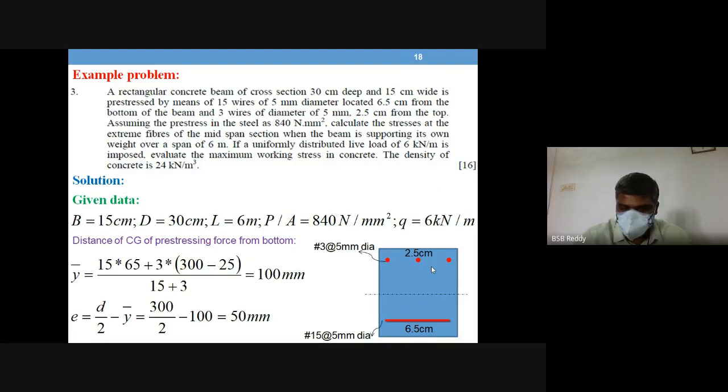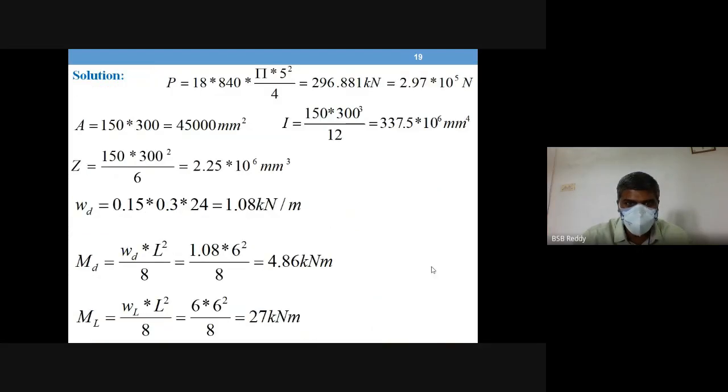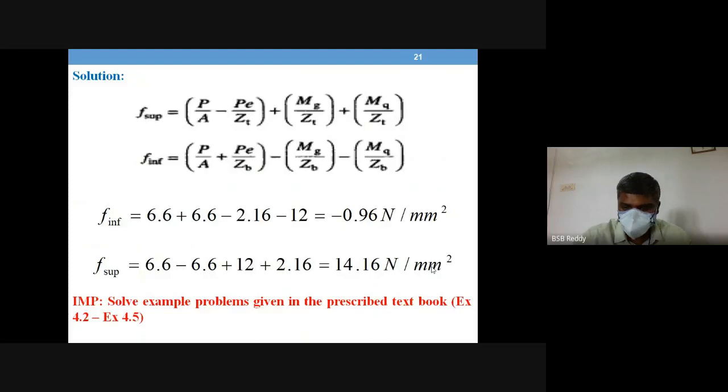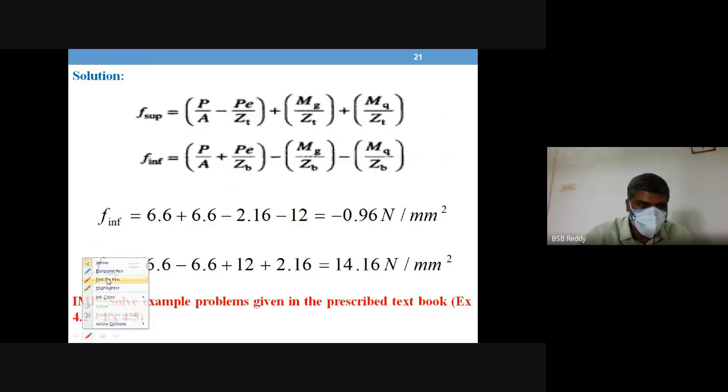So you have to practice them a bit exhaustively, like taking some other examples from the prescribed textbook by N. Krishnaraju. You have to practice all those examples given in the textbook, and also any other source you can take up.